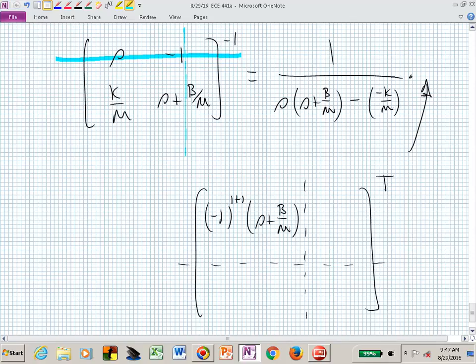What's left over when I eliminate the first row and the second column? K over M. But consistent with what I had before, I now have minus 1 raised to the 1 plus 2. That was the first row, second column. Again, I have to transpose all of this after I'm done.